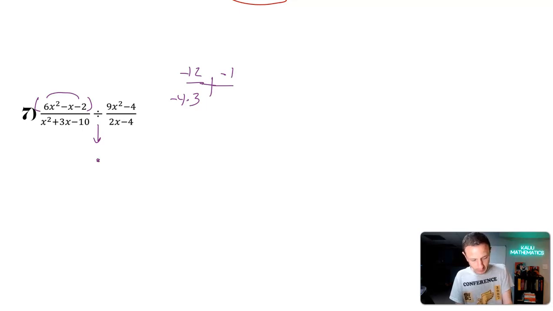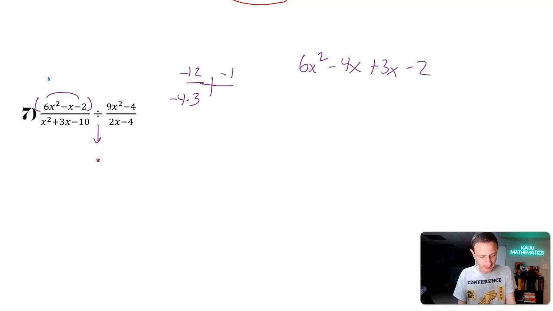So I'm going to factor this over here. So 6x squared minus 4x plus 3x minus 2. So I'm just using AC method on this. Factor by grouping now. I'm going to take out a 2x. And that's going to leave me with 3x minus 2.